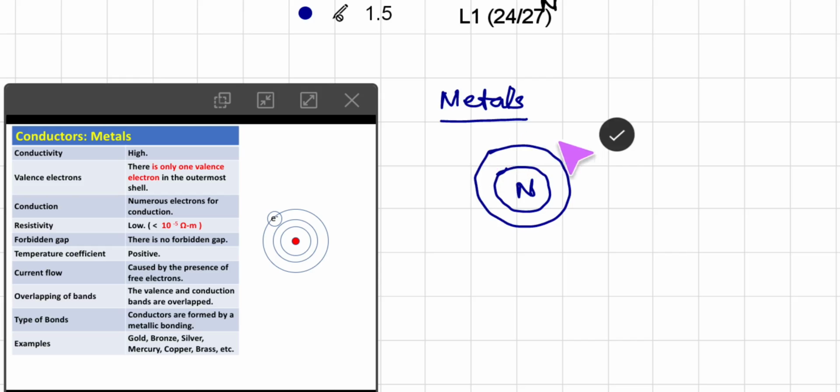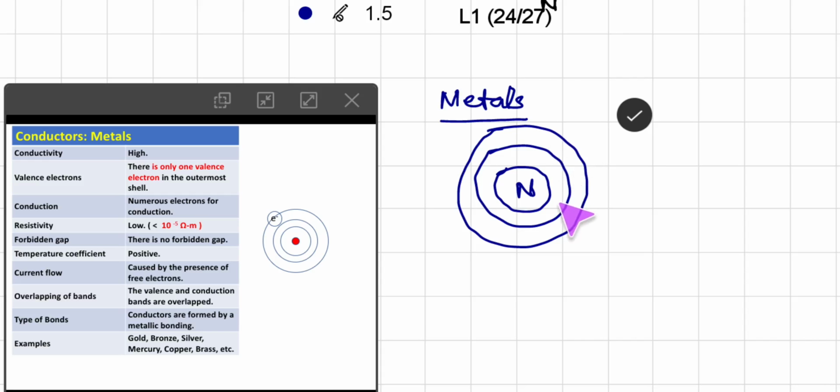Depending on how many electrons are in that atom, the electrons are divided into different shells. Generally in metals there is only one electron in the outermost shell, and the outermost electron has very high energy compared to the innermost electrons, and if a small amount of energy is given to these electrons, they become free.